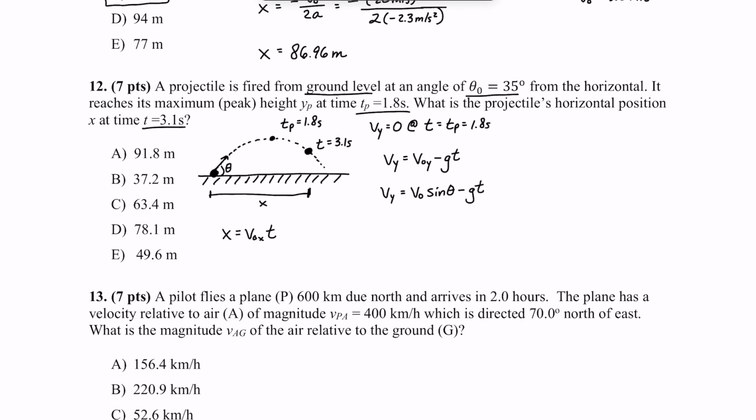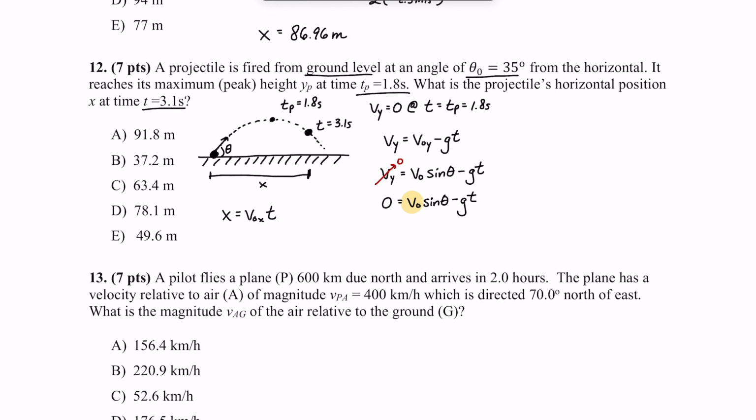If we look at the motion only from the beginning to the highest point, we can say that our final y velocity is equal to 0, and we know all of the other quantities except for initial velocity, which we want to solve for.